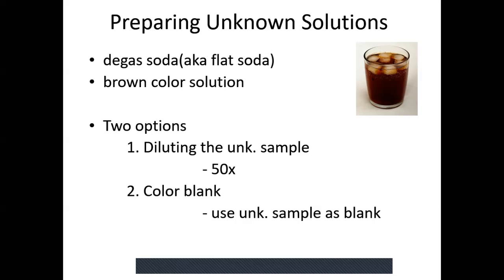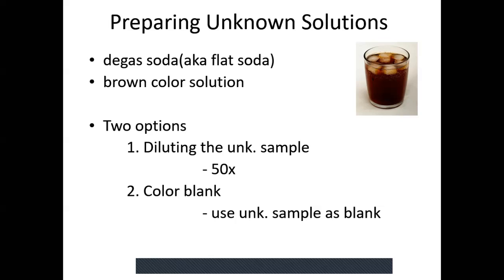One is, you can take some of your unknown sample, diluted by a factor of 50, and then you could run it, and that would minimize the effect of the absorbance of the soda. Secondly, you could take some soda as your blank. Like some of y'all, when you're doing experiment 9, your blank is water.